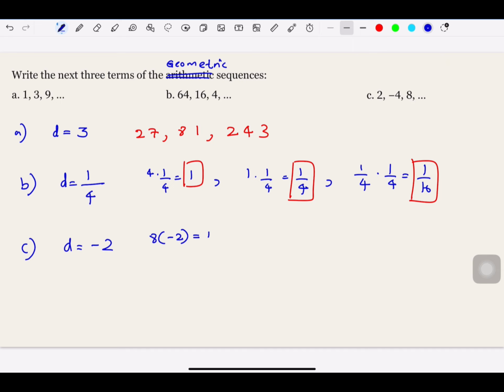That's going to be -16. Next, -16 multiplied by -2 is +32, and then 32 multiplied by -2 is -64. So your numbers are negative 16, positive 32, negative 64. These are the next three terms of this geometric sequence.